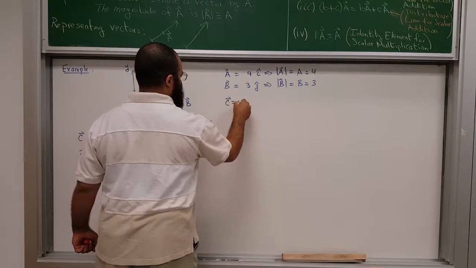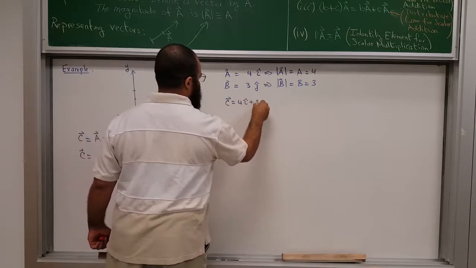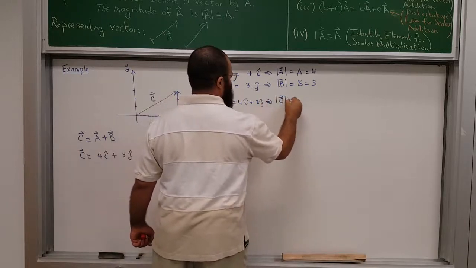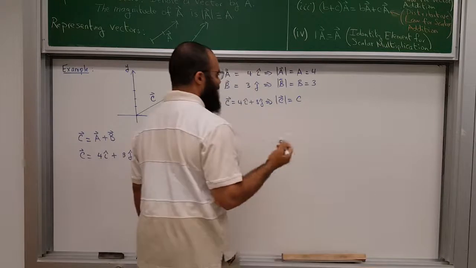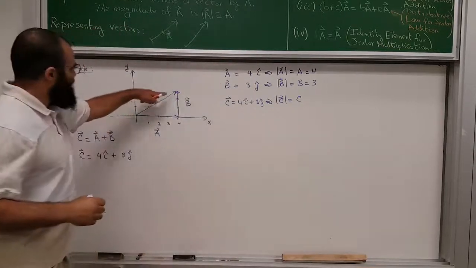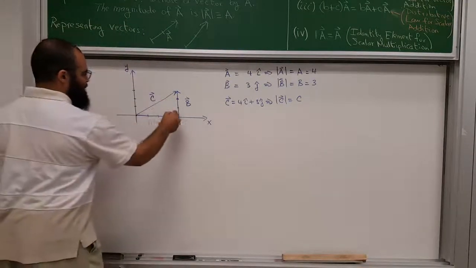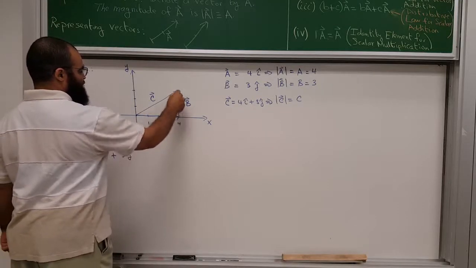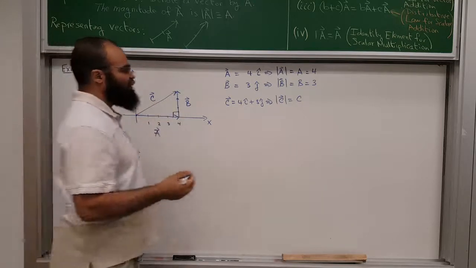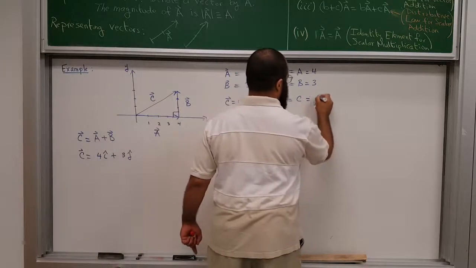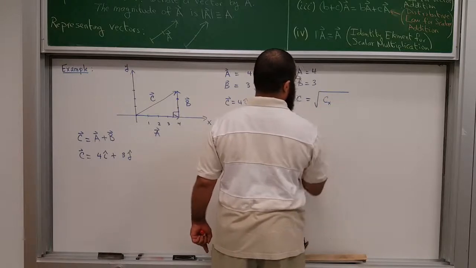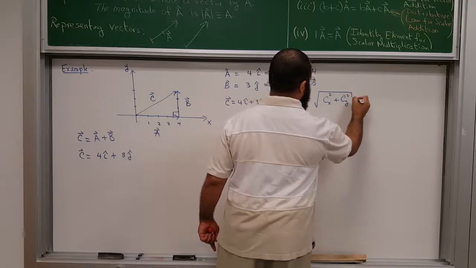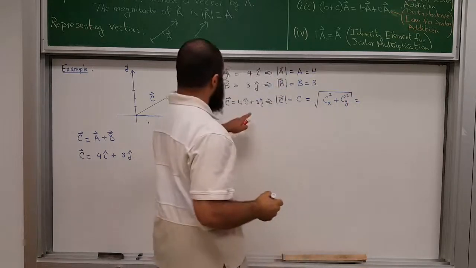How about the size of vector C? We know that vector C is 4i hat plus 3j hat. In general, to find the length, we know by the Pythagorean theorem that it would be this side squared plus this side squared, and then you take the square root. So formally, it will be the x component of the vector squared plus the y component squared.